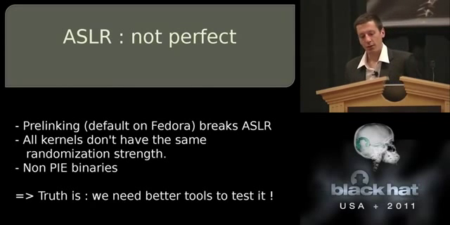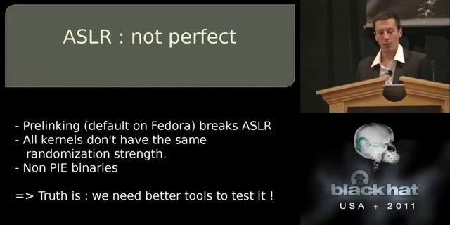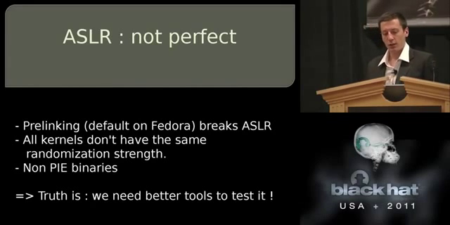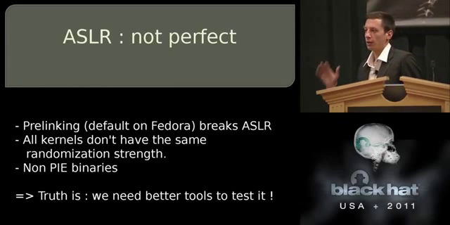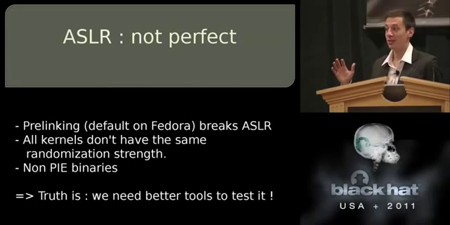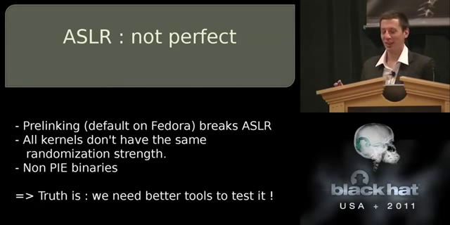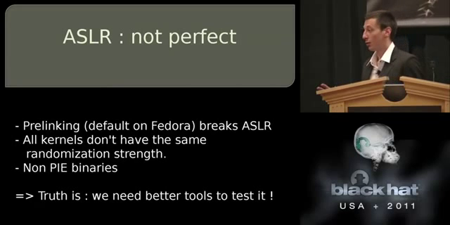Old kernels don't have a very good randomization. The newer ones usually do. And okay, one more thing. If your binary is not compiled as a position-independent executable, you get the main sections of the binary itself, so not like the shared libraries, but the main binary, non-randomized at all.